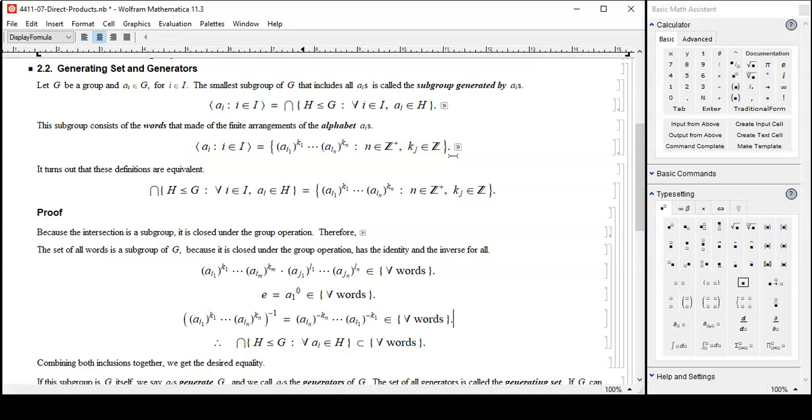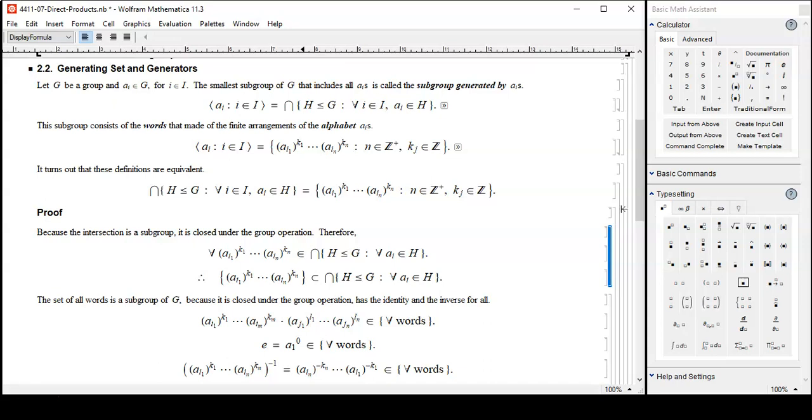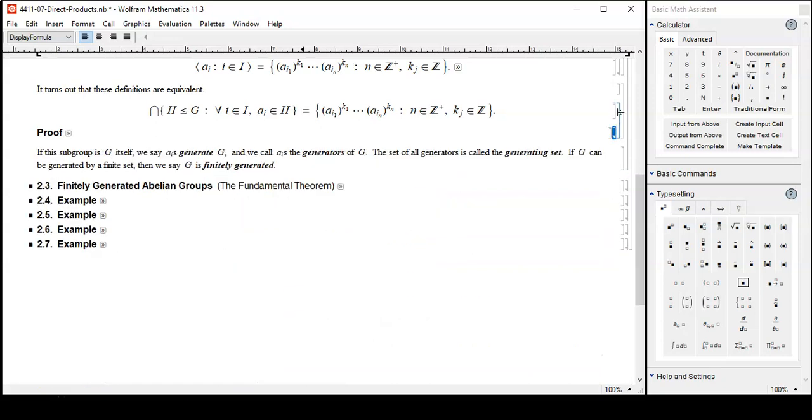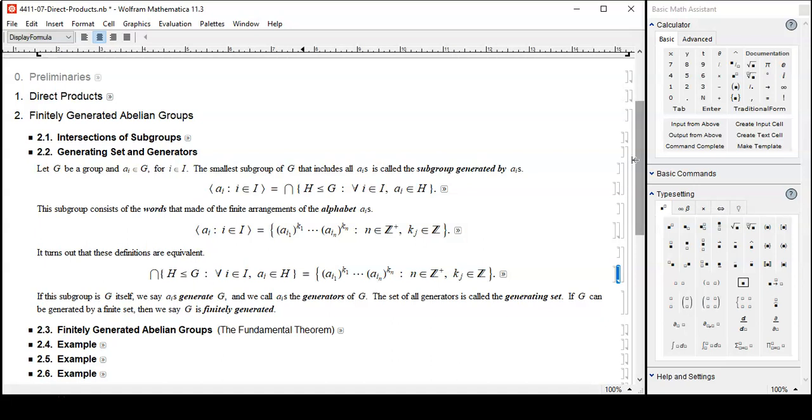So this is a subgroup, and therefore it includes the smallest subgroup. So the intersection is included in this set of all the words as well. So we have both inclusions. One is a subset of the other, and the other is a subset of the first. So they must be the same. Conclusion: all these expressions are the same.